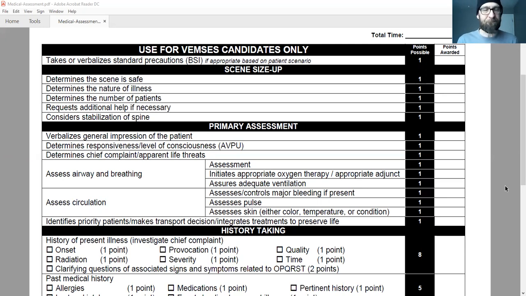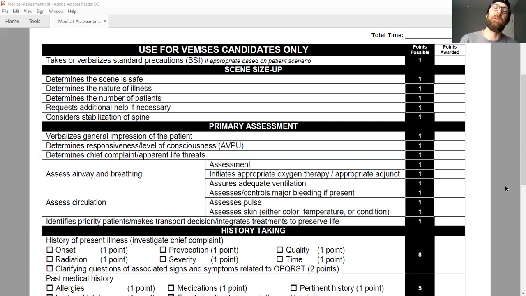So let's say our dispatch information is the following. You're dispatched for a 70-year-old male who is having chest pain. When you arrive on scene, you note that the patient is looking worried. Their skin is diaphoretic, and the patient is displaying the Levine sign. They're clutching their chest, holding their chest where they feel chest pain.